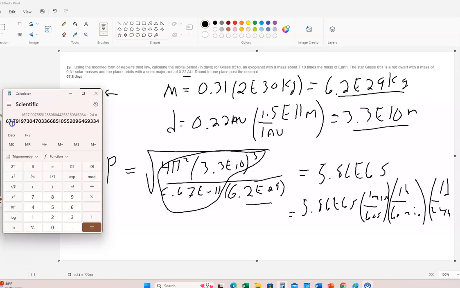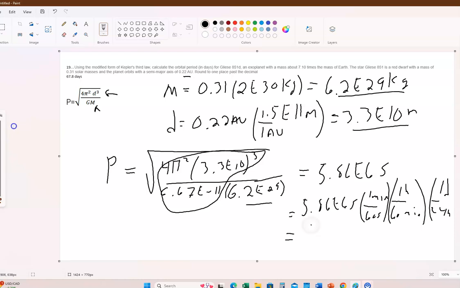All right, so I'm going to round that to, what does it say? 1 place past the decimal. So it's going to be 67.79. So it's going to be 67.8. So the answer to number 19, in days, would be 67.8 days.